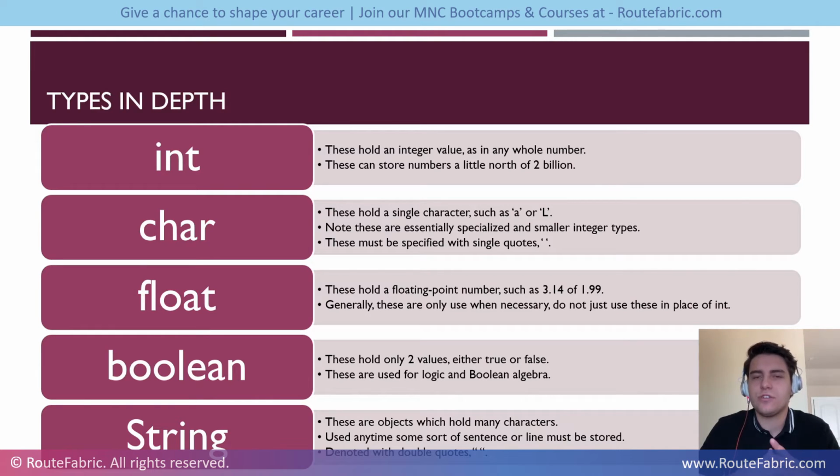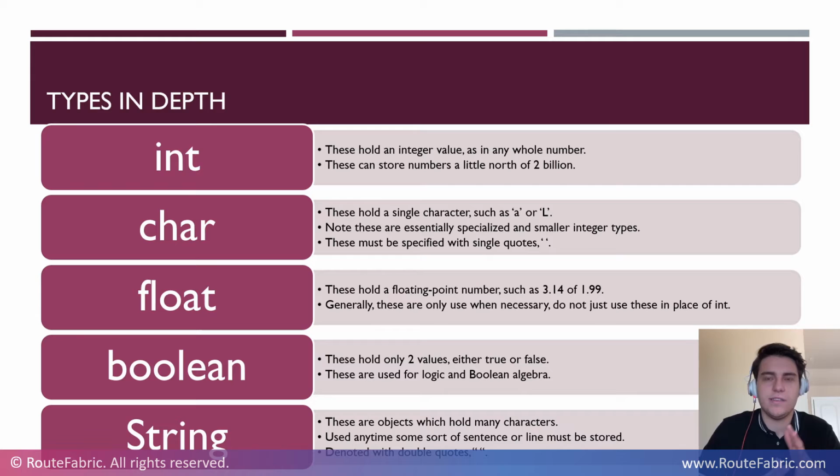But when we use a character, we are actually most of the time going to be using the character itself, not a number. But that is something to keep in mind because sometimes you'll be wondering, why is this interpreted as a number? Why did I get this behavior? It's because characters are essentially specialized integers. So that is something to keep in mind.